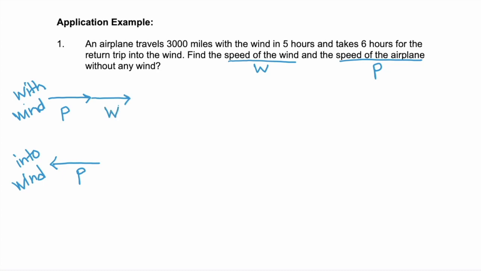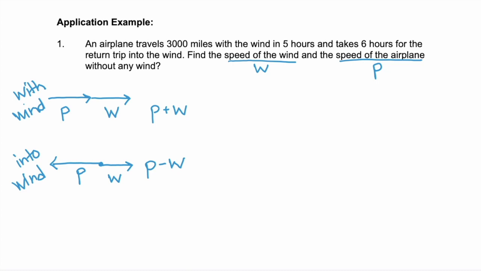So that means the total speed would be the plane plus the wind, because the wind is helping to push the plane. And if it's traveling into the wind, the wind and the plane are going in opposite directions. So that means the speed of the plane is slowed down by the wind.